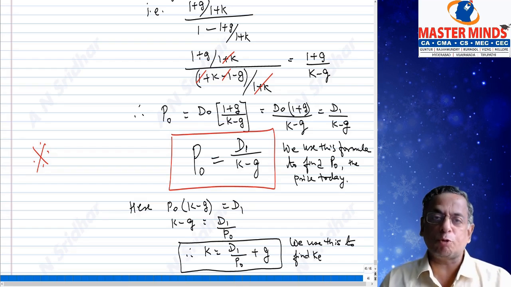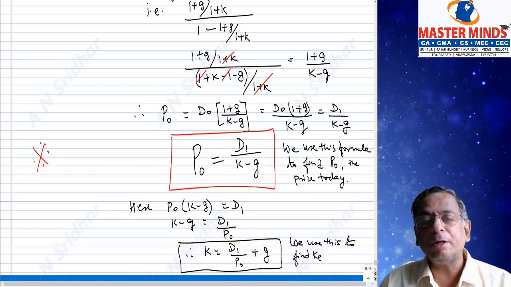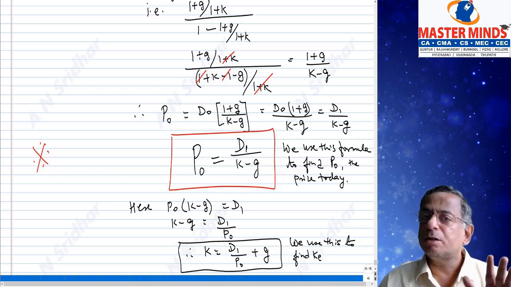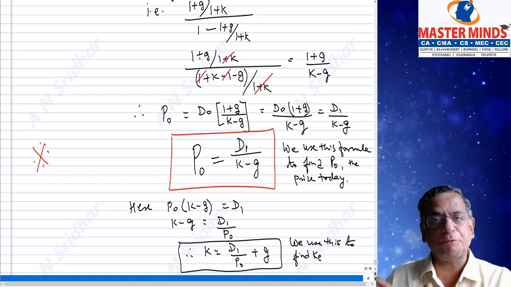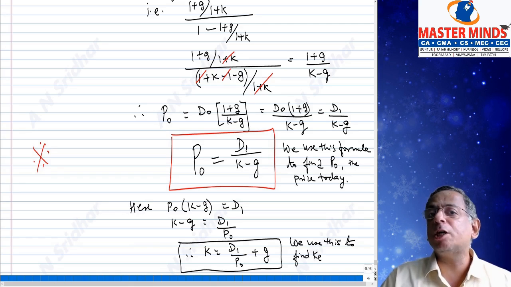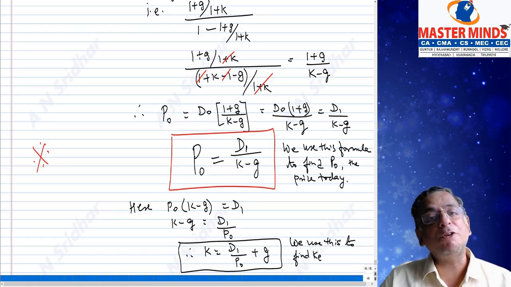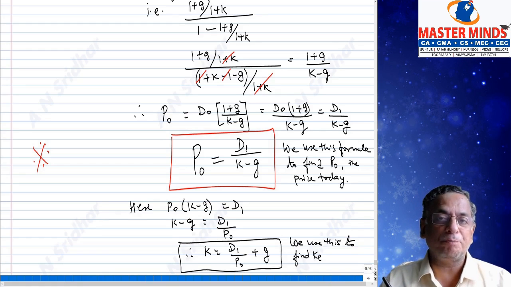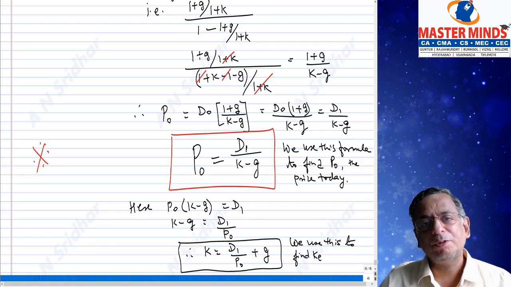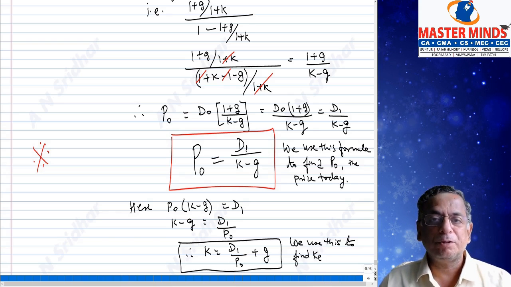Who is sourcing? The company is sourcing. What is the cost of capital? So you use that K formula. But in CA Final, throughout this chapter and in the future chapters also, we will be using it to find the price of a share. Same formula, because we will be given the return. So when K is given, D is given, G is given, we can find P0. In IPCC, you are asked to find KE. So both are one and the same.